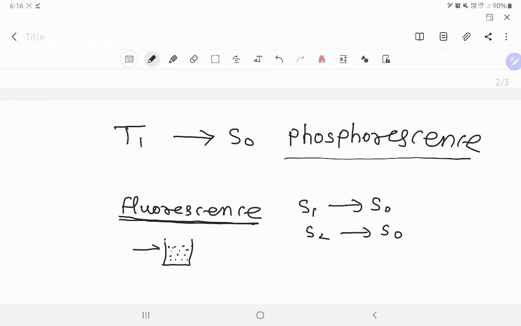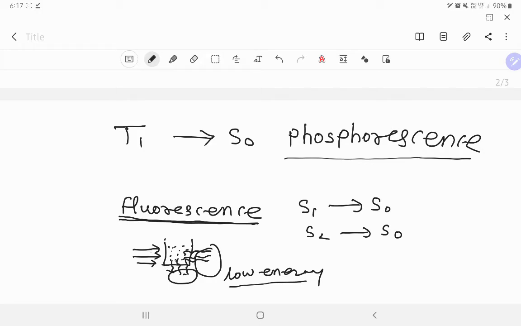If we bombard radiation, there is an emission of light from this substance. This emitted light has a lower frequency, lower energy, higher wavelength region.